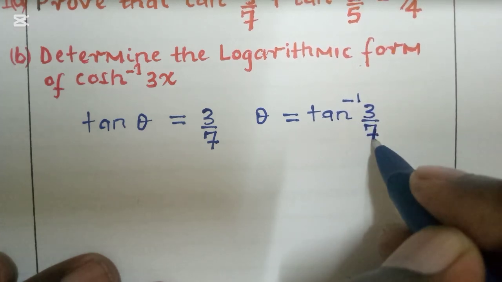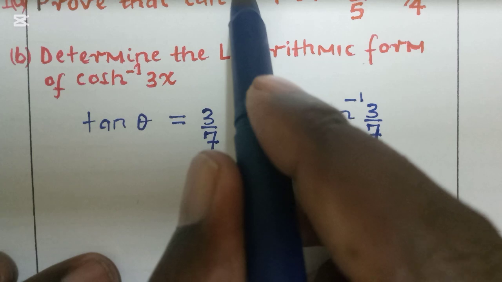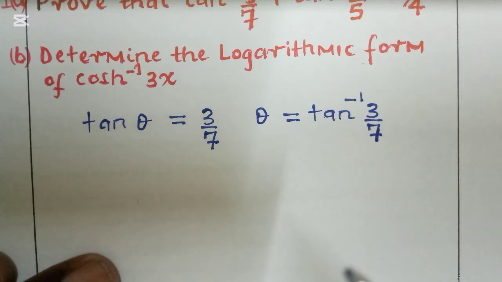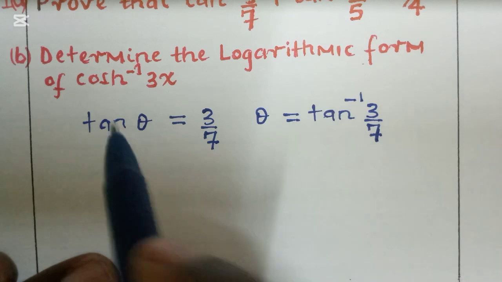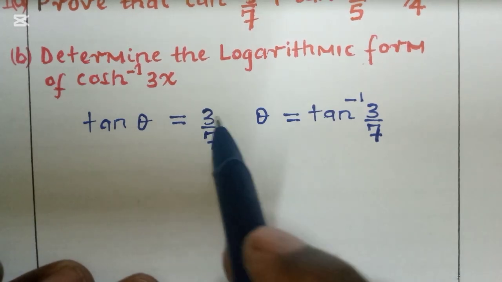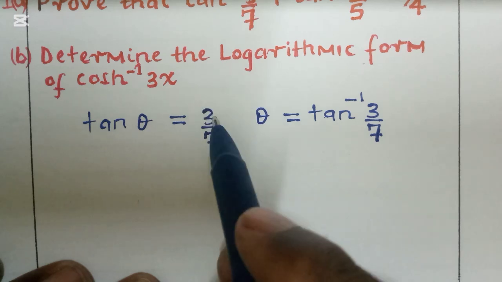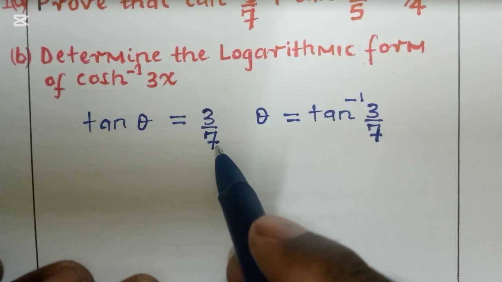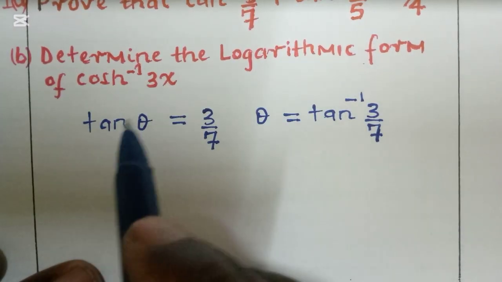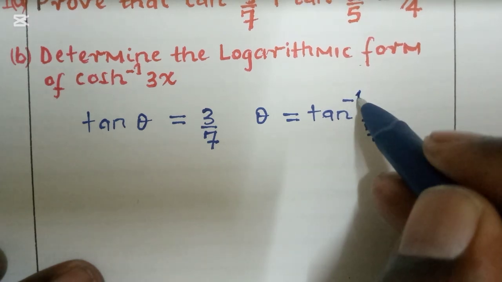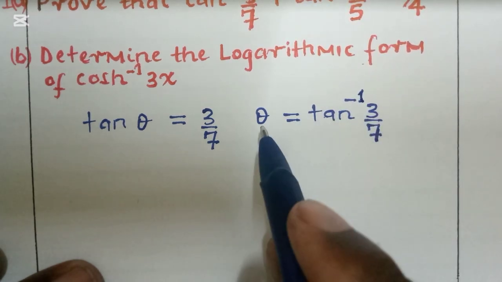From this question, what we are going to find is theta. We normally say tan theta is equal to opposite over adjacent, so I have equated opposite to 3 and adjacent to 7, and the inverse of that will give us theta.